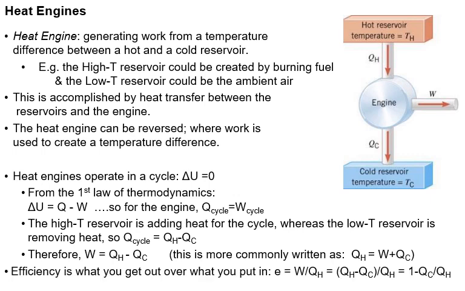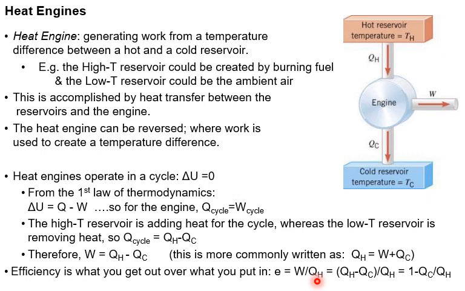So the efficiency is what you get out over what you put in. Makes sense, right? The efficiency of your heat engine is the work done by the engine divided by the heat flow from the high temperature reservoir.